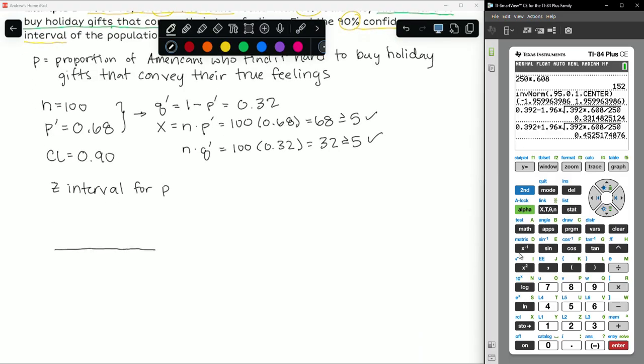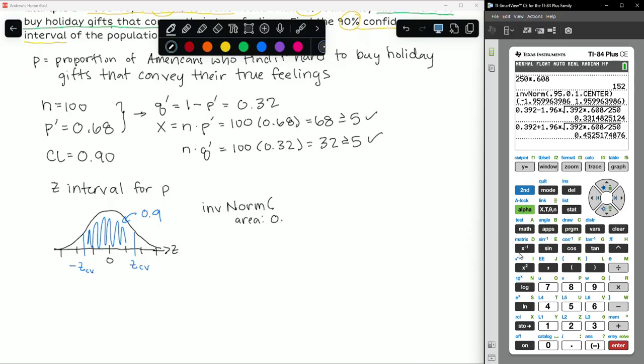We start with our critical value, so we draw the normal curve. I know that 90 is going to be a little bit inside of that 2 standard deviation marker, because 2 standard deviations is about 95. So my critical values are sitting about here, and this area inside is about 0.9. We're going to go ahead and use inverse norm for this since it's the normal distribution.